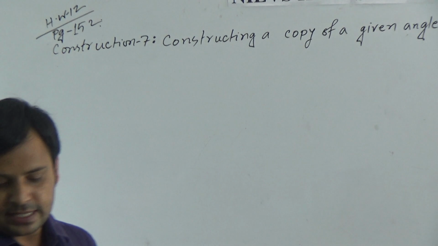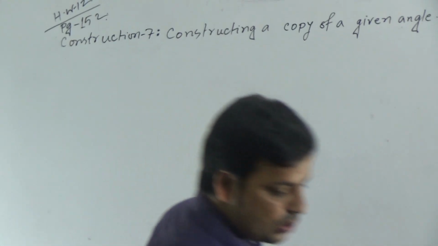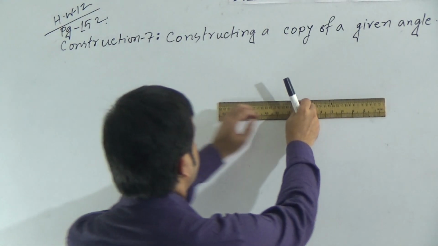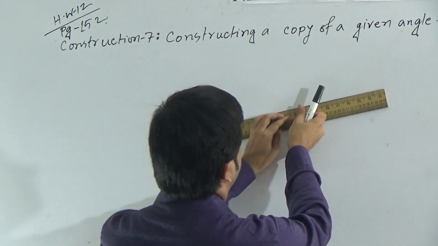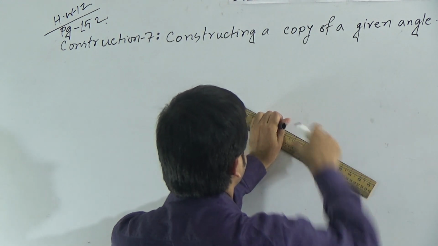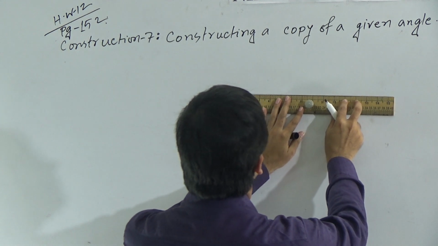Suppose an angle A is given. So let us draw. As the measurement of the angle is not given, we can draw any angle A at first.